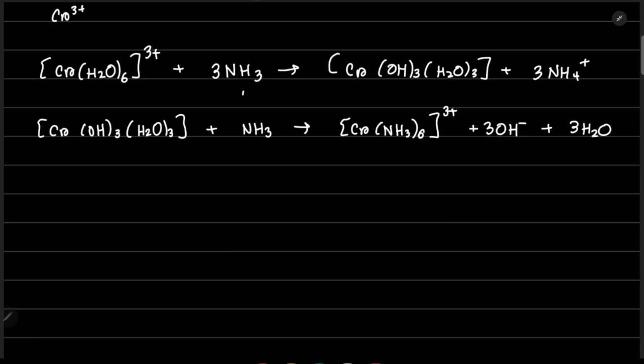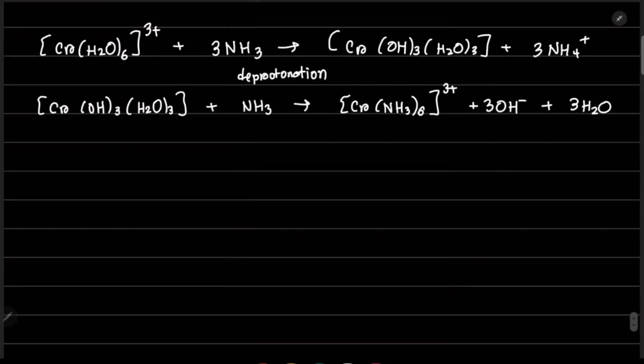The first reaction is a deprotonation. We are removing protons from the H2O of the chromium complex. The second reaction, however, is a substitution. We are replacing the (OH)3 and (H2O)3 with ammonia. We'll have 6 moles of ammonia here.